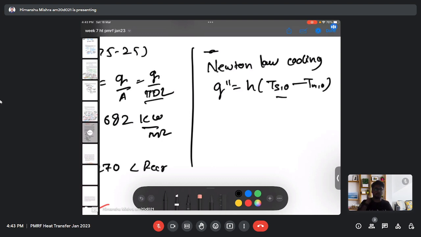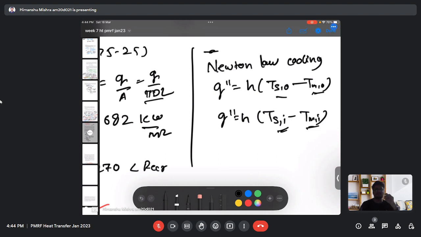So this is my outlet surface temperature and this is my mean outlet temperature. I can also write like this: this is my inlet surface temperature and this is my inlet mean temperature.